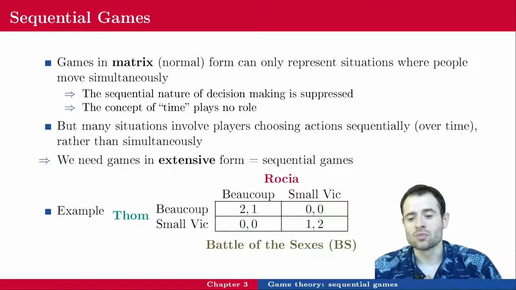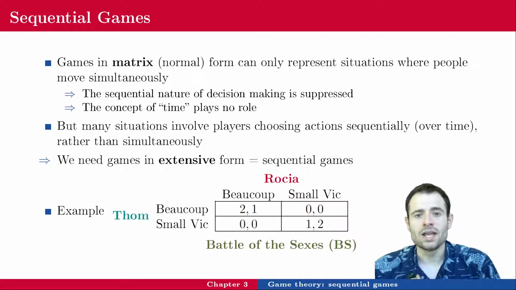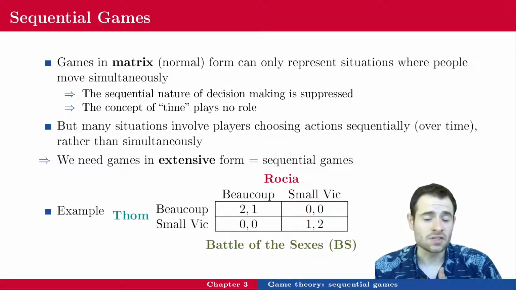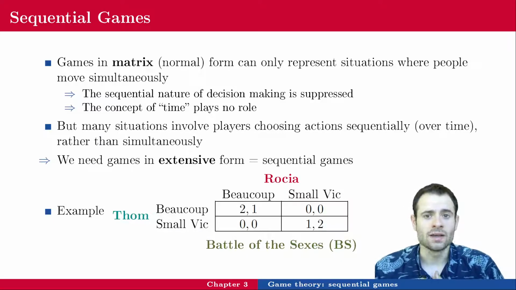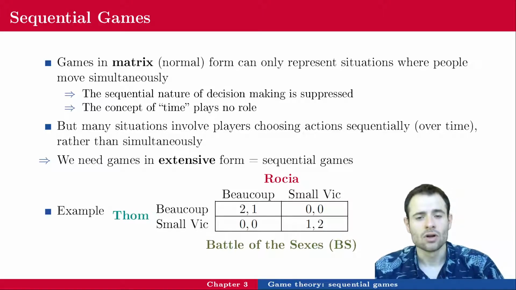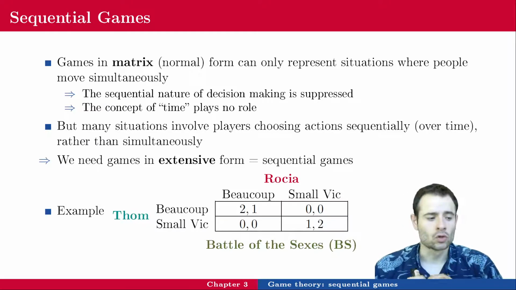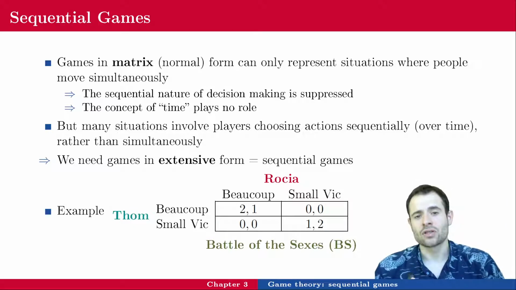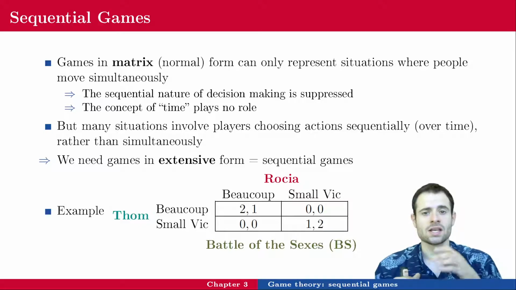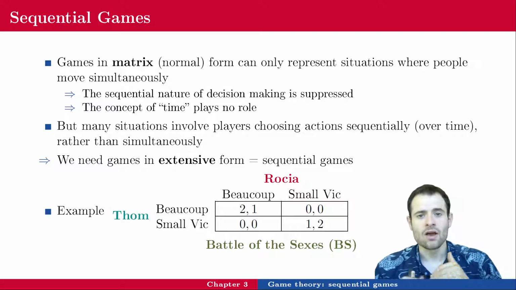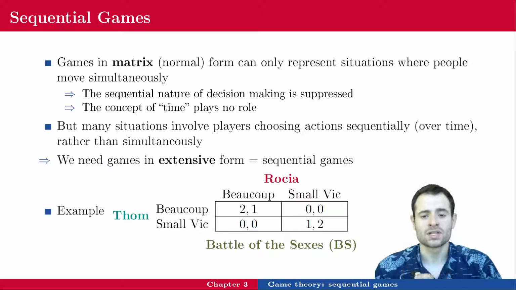Rosia prefers Small Victory to Beaucoup, but anyway, both get positive payoffs as long as they both meet at the same place. If they miss each other, although they might go to the place they prefer, they get a payoff of 0. So what matters first is that they meet, and then where they meet is going to have an influence on their payoffs.